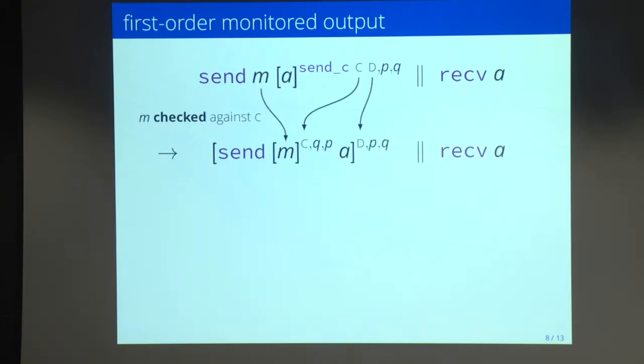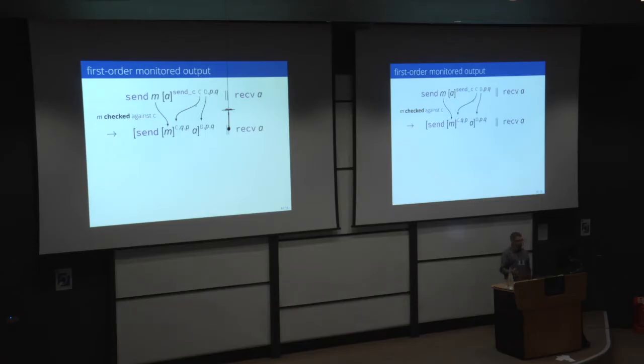First of all, we have to redistribute the monitors so that we check whether the message M does satisfy the contract C, and we flip, as usual in these contract systems, the labels P and Q that we had at the beginning to keep track of the correct responsibilities of the process.